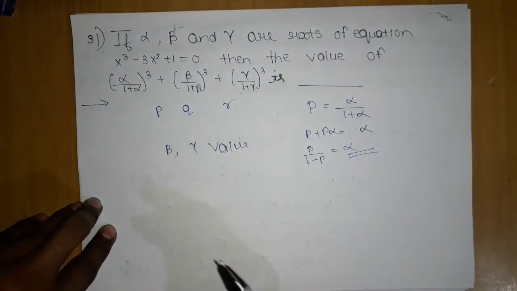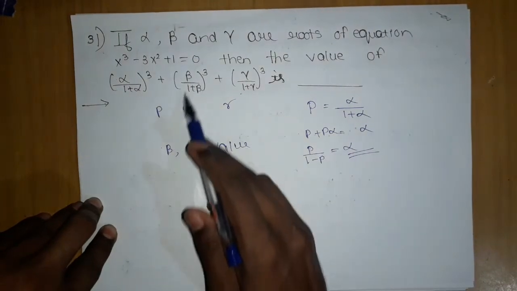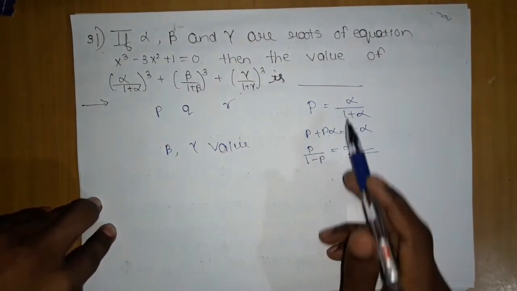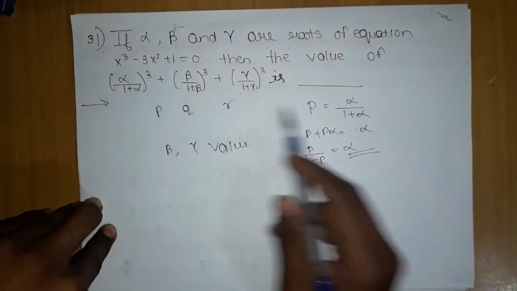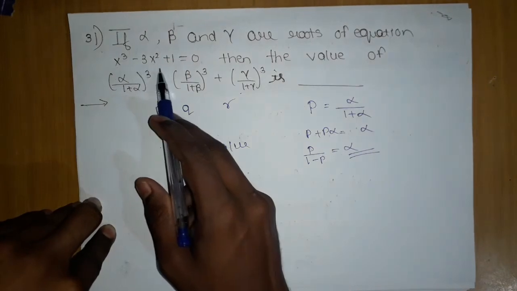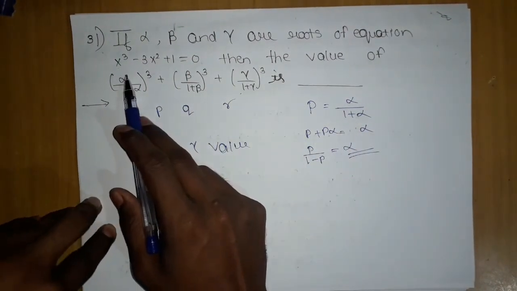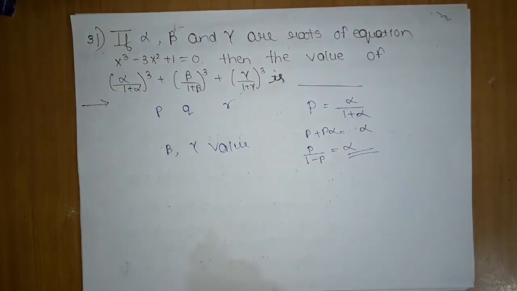We need to find the relation, so we call them p, q, r. If p is equal to this, q is equal to this, r is equal to this, we just try to find alpha, because I have only this equation, and if I calculate the alpha value from here and substitute it here, I get an equation in p which will be true for p, q, r, because all three are roots.